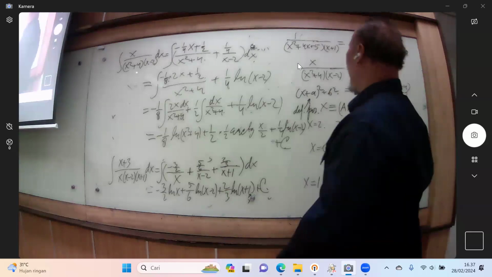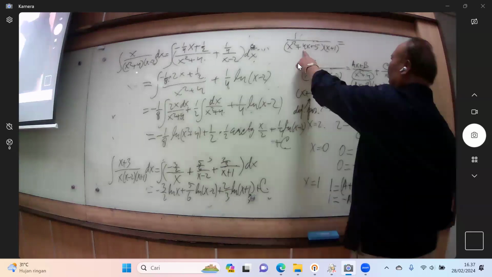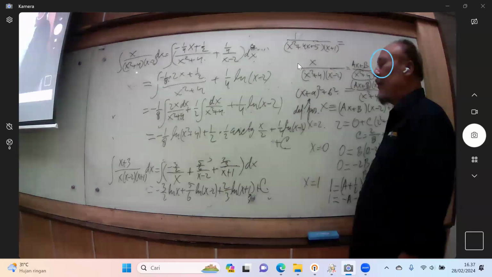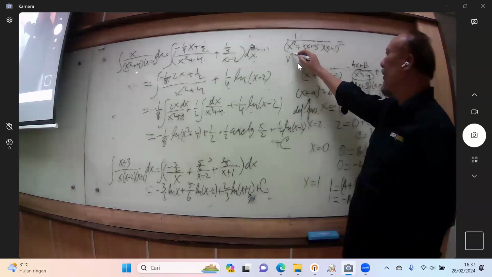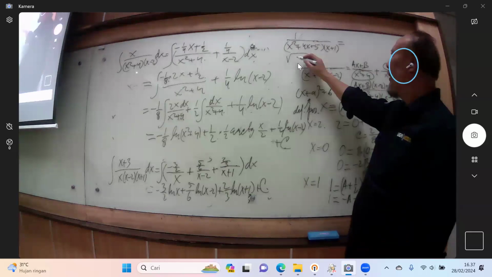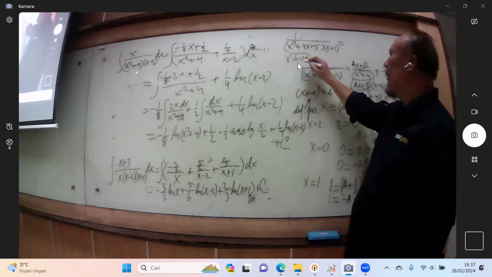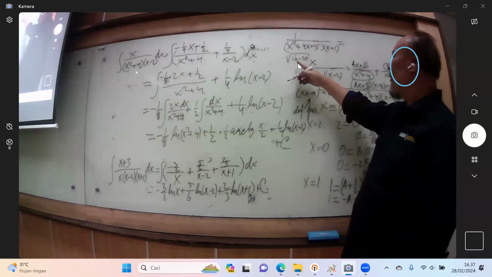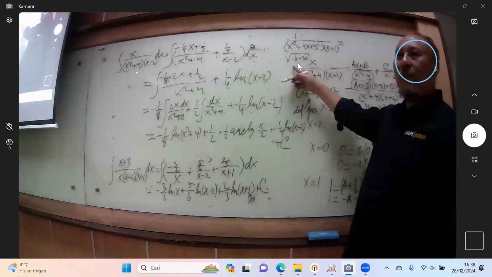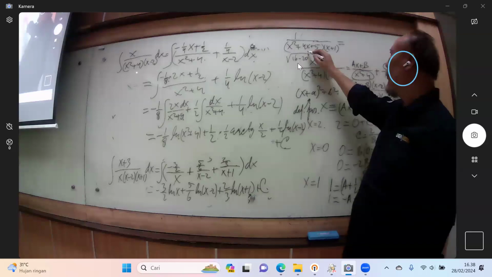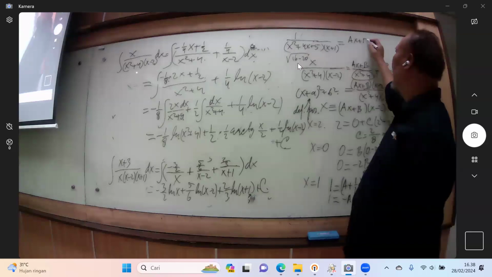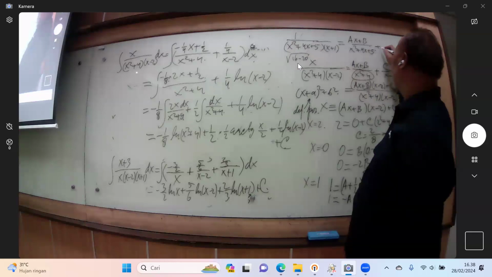Now x squared plus 4x plus 5 is definite positive because if we use the ABC formula, this is 16 minus 20. So because it's complex, then it's definite positive. So we have ax plus b divided by x squared plus 4x plus 5, then plus c divided by x plus 1.